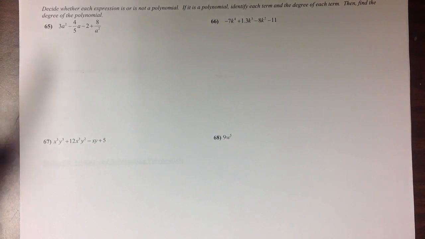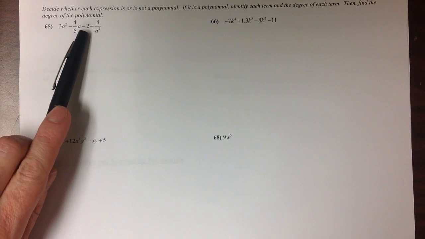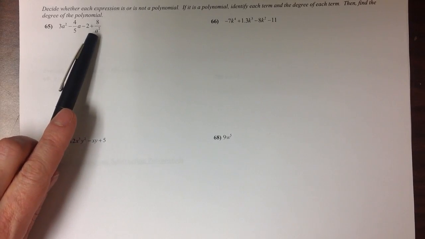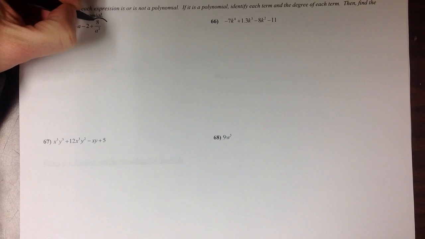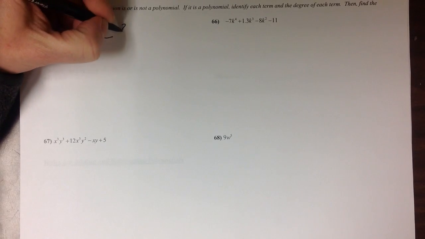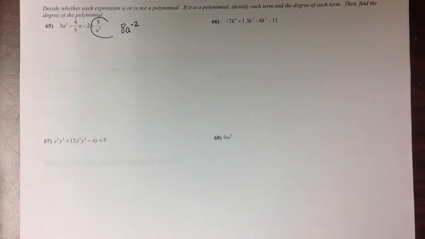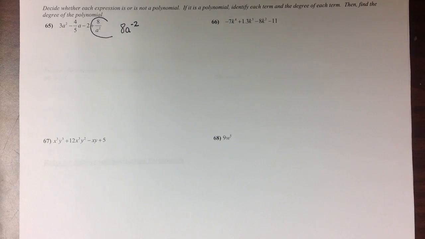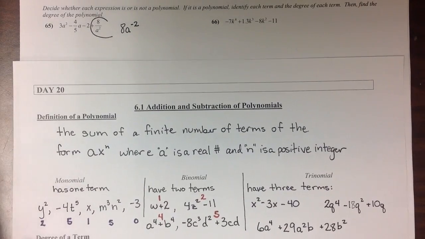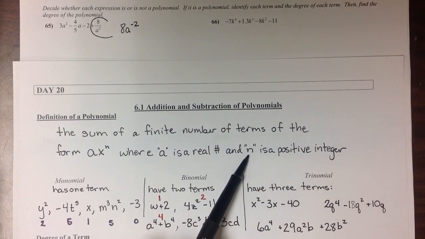So looking at this, 3a squared minus 4/5 a minus 2 plus 8 over a squared. Because we can rewrite this last term as 8 times a to the negative 2, if you think back about what we learned about exponents, this expression does not meet our definition for polynomial because our n in this case is not a positive integer.